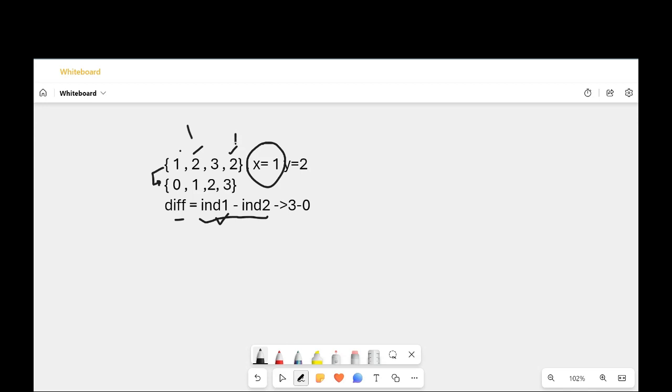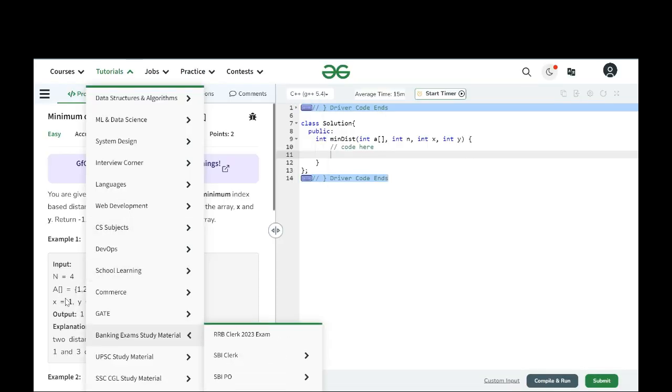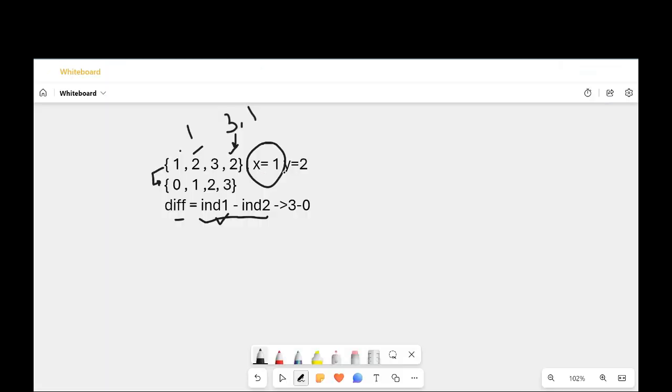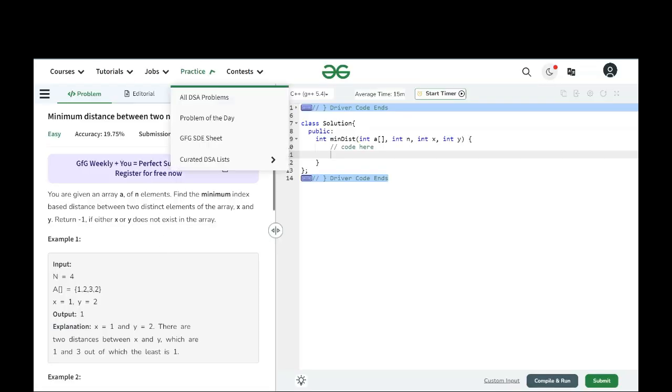And at this point, we have the difference as 3 when we consider the y present at the third index. So we have two differences, 3 and 1. Obviously 1 is smaller than 3, so we get the answer as 1. And if either of these two elements were not present in the array, we would have returned minus 1.